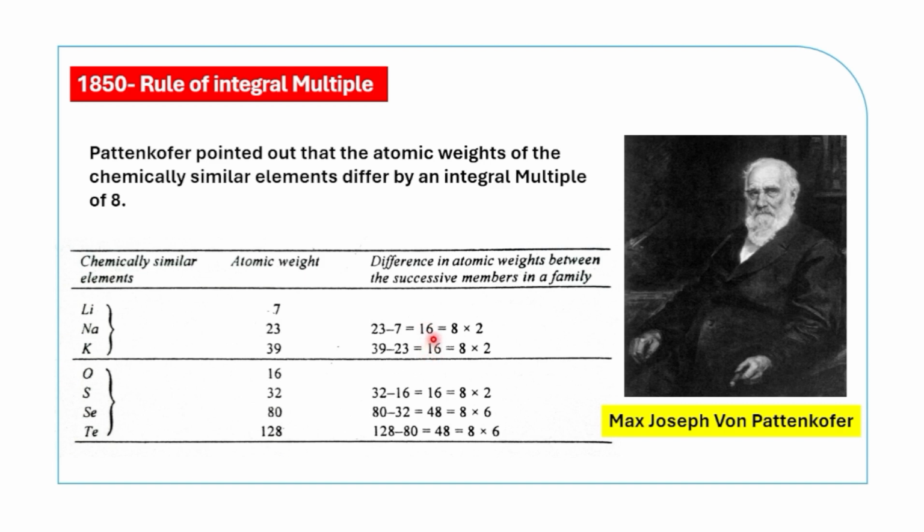That is a multiple of 8. Similarly, in the series oxygen, sulfur, selenium, and tellurium, the atomic weights also differ by integral multiples of 8. So that was also a key finding.